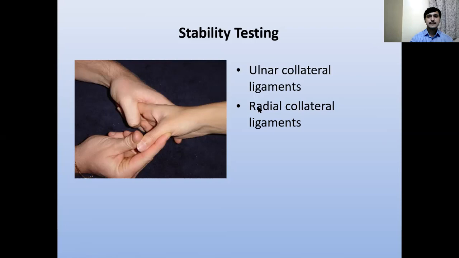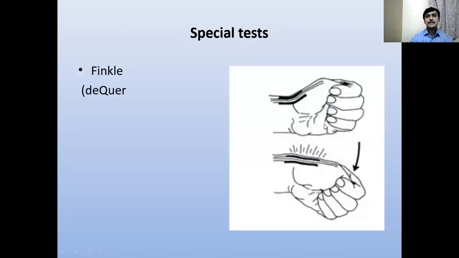Check these things. Now, there is something called de Quervain's disease. De Quervain's disease is nothing but pain at this tendon. Okay, the abductor pollicis longus and the extensor pollicis brevis.